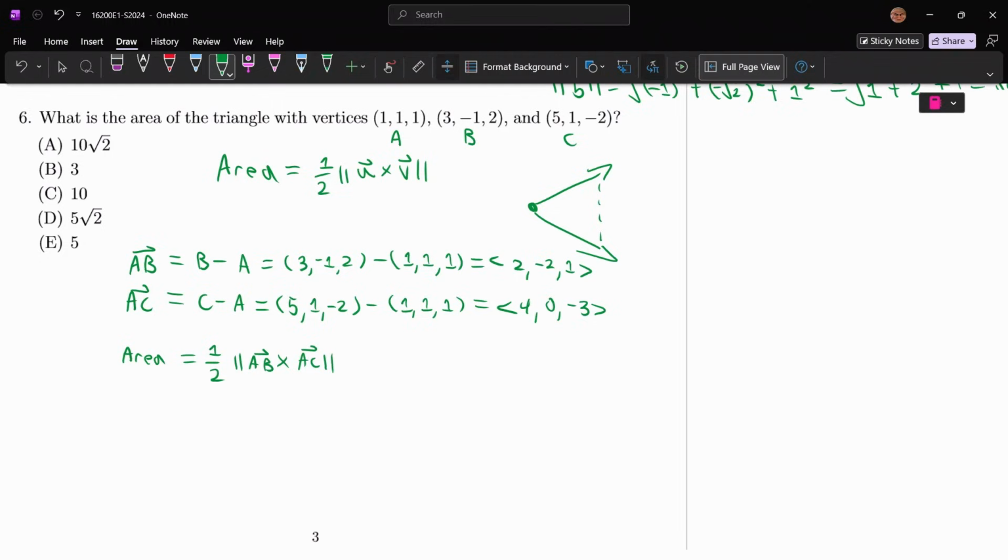But since we're taking a magnitude, we don't have to worry about that, because the magnitude corrects that. You can take the cross product of AB and AC, or the other way around, and you'll end up at the same place once you take the magnitude. So here it doesn't matter, but in other cases where it just wants a cross product, it does matter. Keep that in mind.